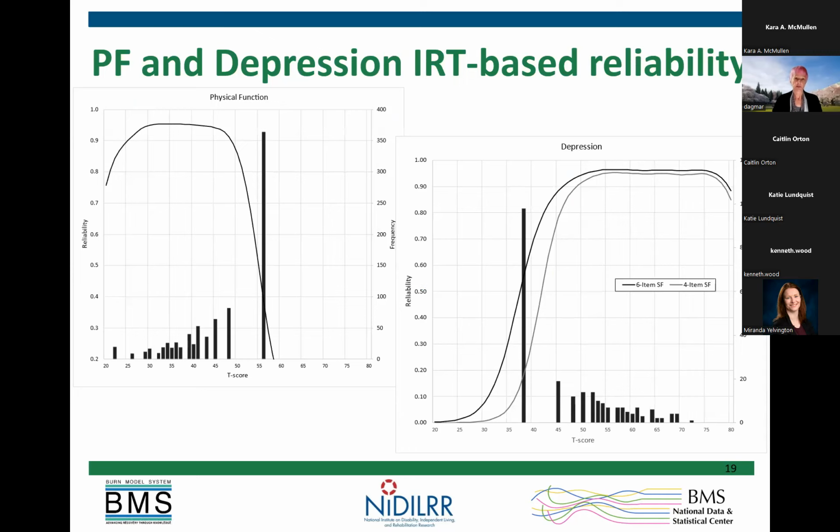I just want to give you an example of what we look at as a data center when we select the measures. These are graphs that are produced by item response theory software that analyzes and scores measures. So what these mean is this is physical function here. This is reliability or information, as we call it in IRT function.